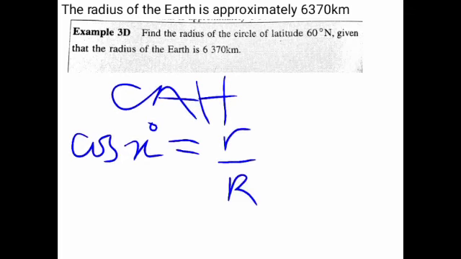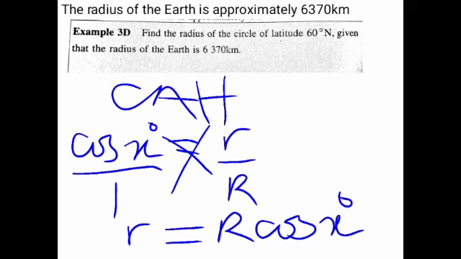So over 1, and then we can cross multiply. So we're going to have r is equal to R cos x degrees. So the formula that we'll be using to calculate the radius of parallel latitudes is exactly what we have here.